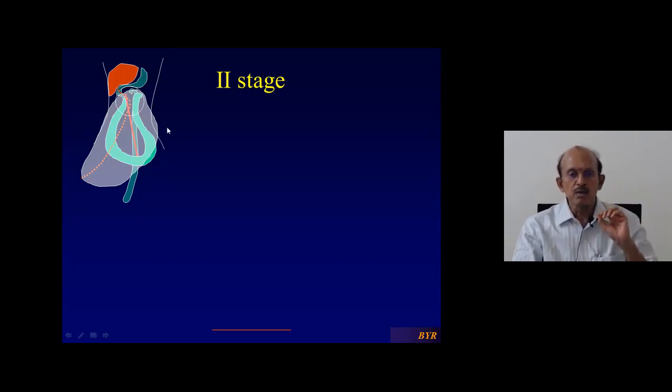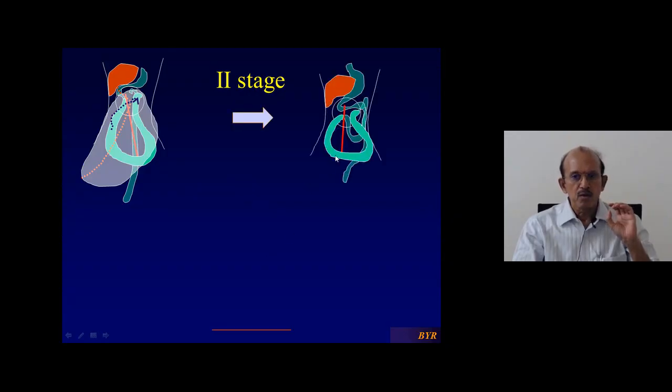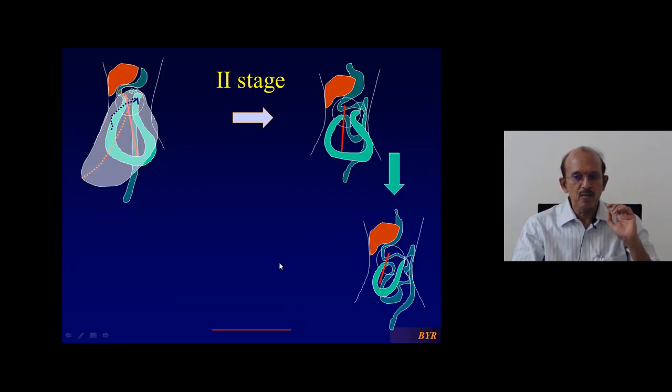So that's why they follow a pattern. What is this pattern? First, the pre-arterial loop passes inside. This pre-arterial loop is gradually going inside. Almost most of the pre-arterial loop has passed inside.